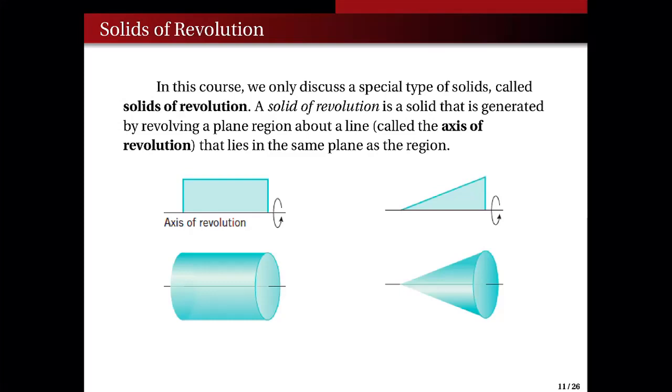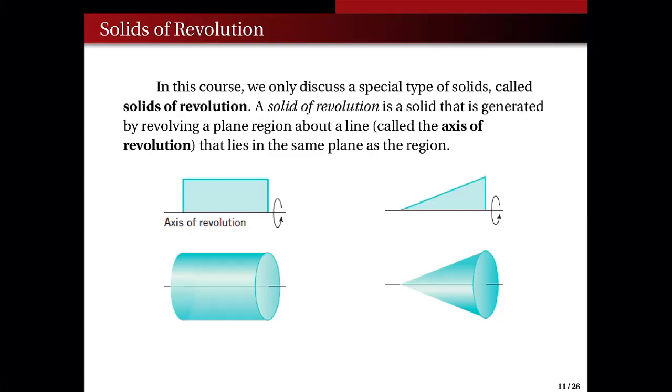So in here, as you can see, the axis of revolution, in this case, is on a side of your region. The region here is a rectangle; the axis of revolution contains this side of the rectangle.